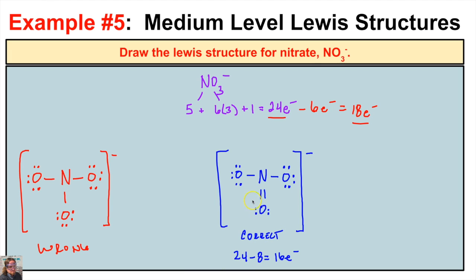We had 24 valence electrons total, 2, 4, 6, 8, 10, 12, 14, 16, 18, 20, 22, and 24 valence electrons have been used up, and every one of these atoms satisfies the octet rule. This oxygen has 2, 4, 6, 8. This nitrogen here has 2, 4, 6, 8. This oxygen 2, 4, 6, 8. And this oxygen here 2, 4, 6, 8 for a correctly drawn Lewis structure. So we can see we have a double bond between this nitrogen and oxygen right here.